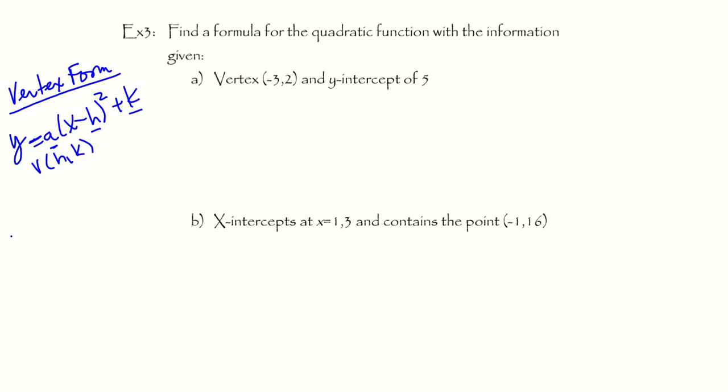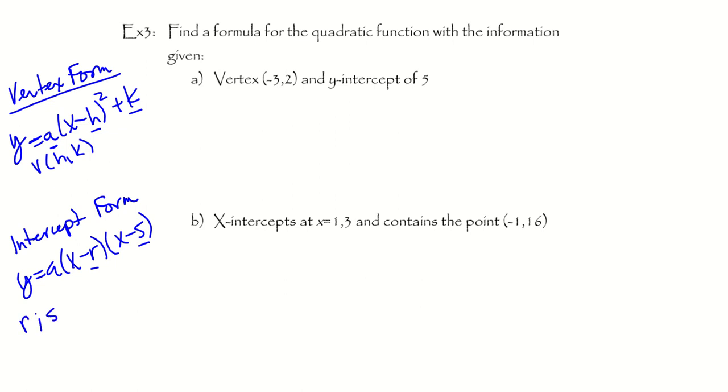The other form we had was intercept form, which was y equals a times (x minus r) times (x minus s), where we would be looking to put numbers in for r and s, where r and s are the x-intercepts for our function.